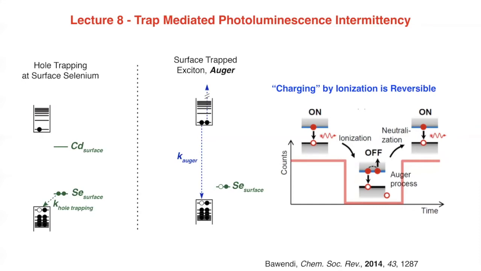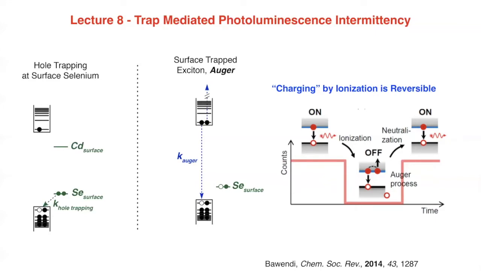And that trion, as we discussed, does Auger recombination very effectively, Auger recombination being much faster than radiative recombination in most cases. And so that trion doesn't recombine radiatively for the most part. And then when the charges recombine and arrive at the neutral starting state, then you get something that's luminescent again. So the nanocrystal quantum dot undergoes photoluminescence. It does trapping of some kind by ionization or some kind of a surface state.